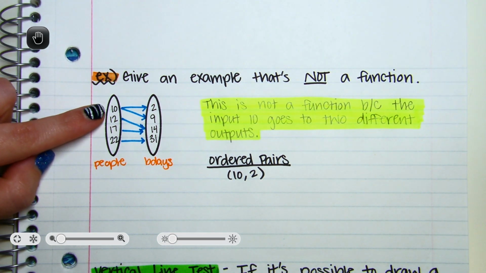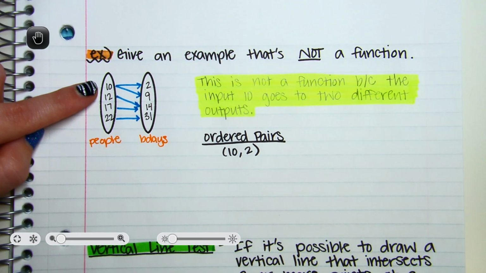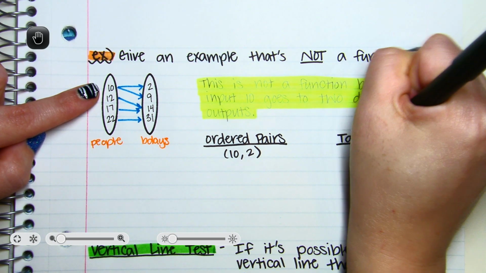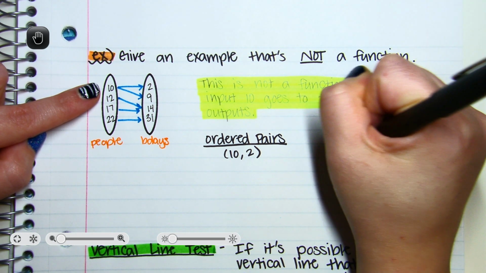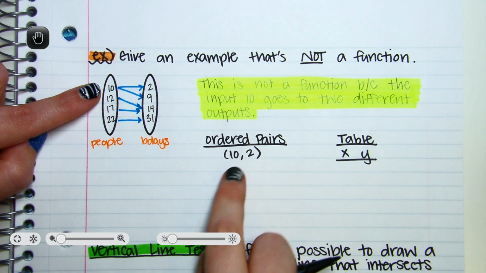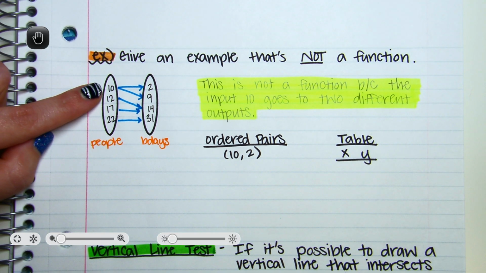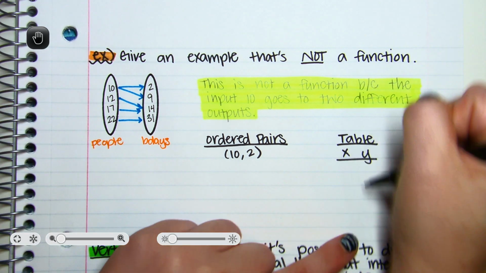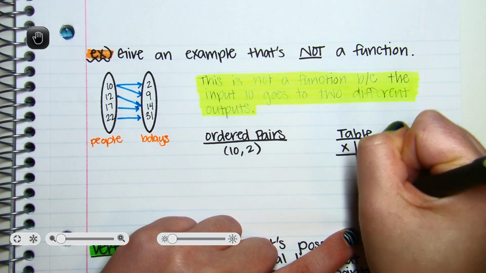And I want you to go ahead and pause this video, write down the rest of the ordered pairs, and write it as a table. So I'm just going to fill in the first one for you. For the ordered pairs, you're going to fill in the rest. So 1, 2, 3, 4, 5. Sorry, I just want to make sure I draw my table the right size.